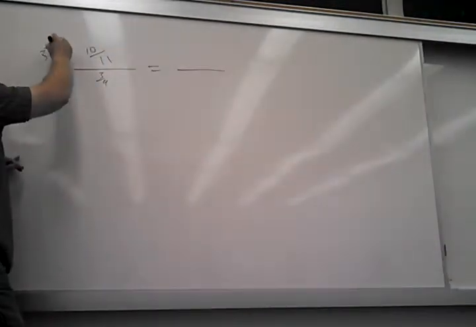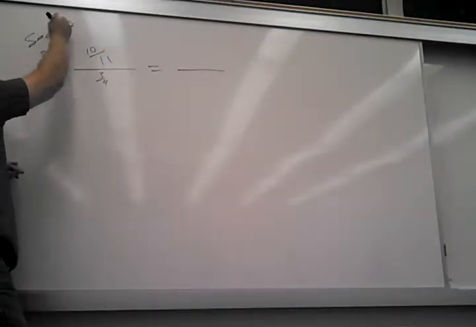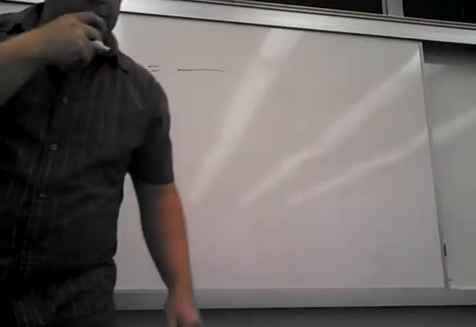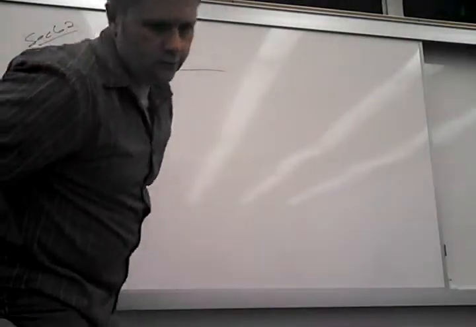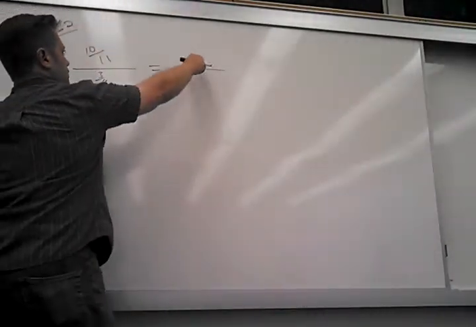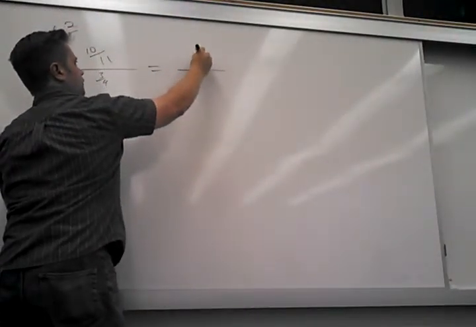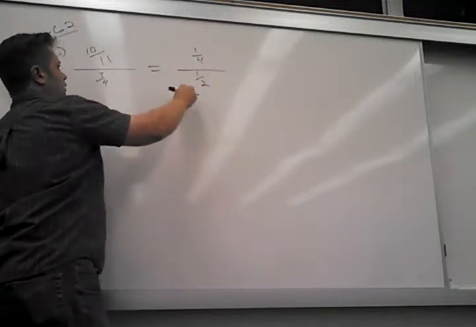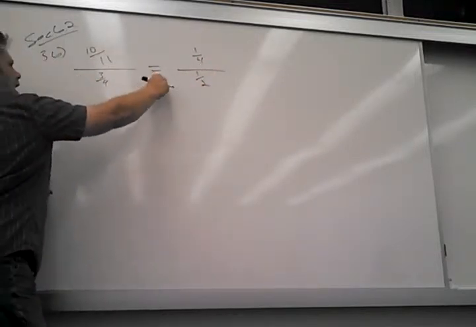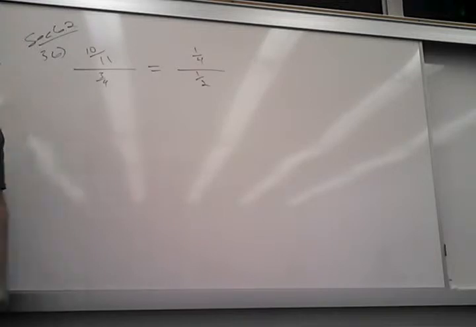Sorry, this is number 36. So over here it says as 1/4 is to 1/2. So what's on the top? 1/4. 1/2. So this is to that as this is to that. So that's what the proportion looks like. That sentence, that English sentence in math.